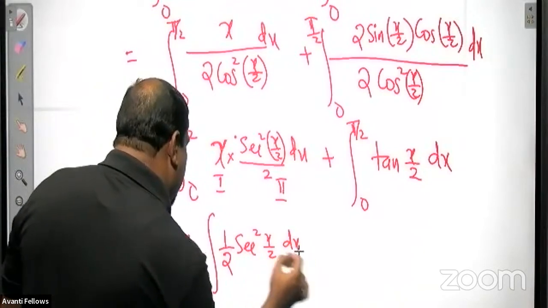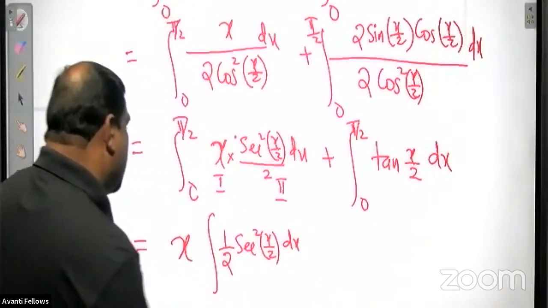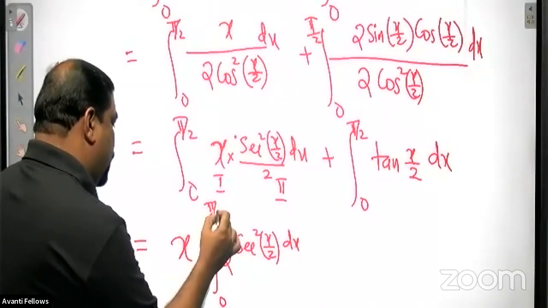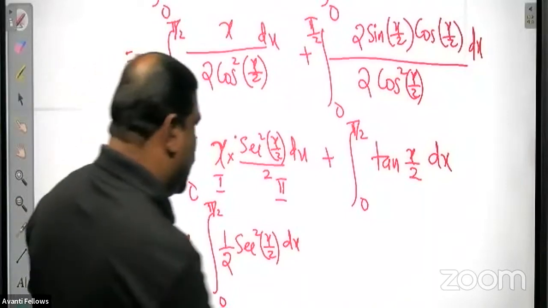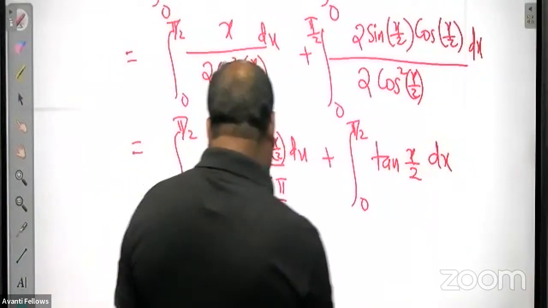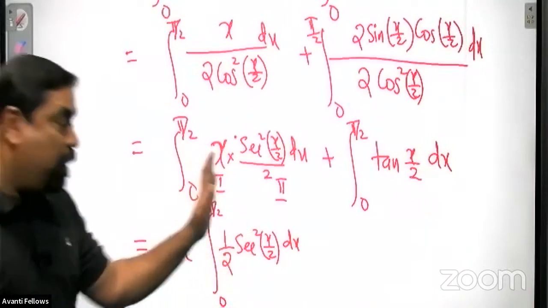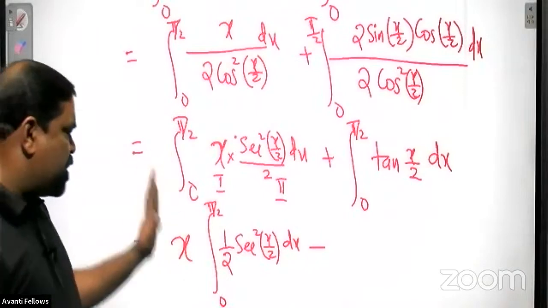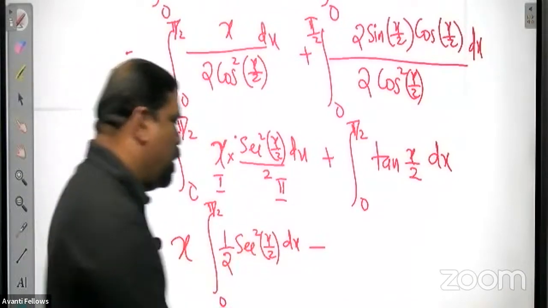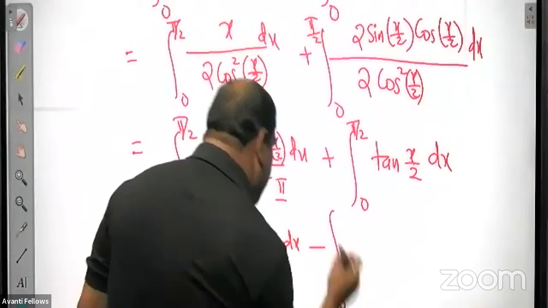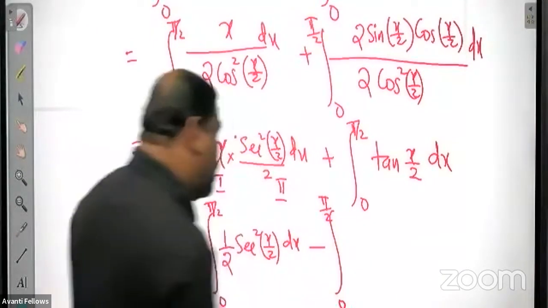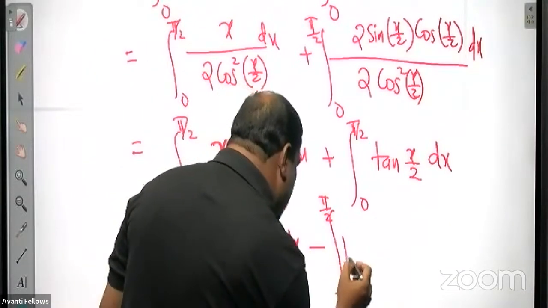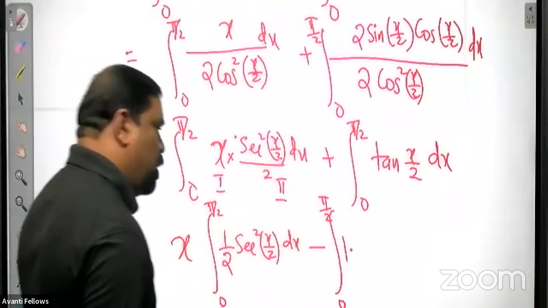If you know the answer, you can write it directly. The limit is there, 0 to pi by 2; we can substitute the limit at last anyway. Plus, sorry, first function into integral of second, minus integral of derivative of first function into integral of second.